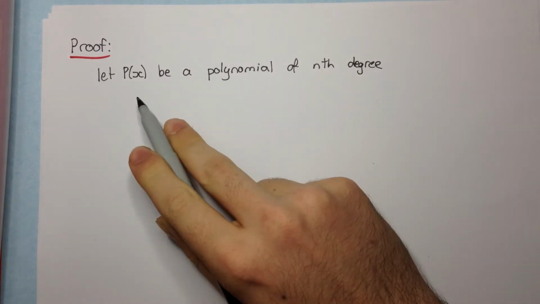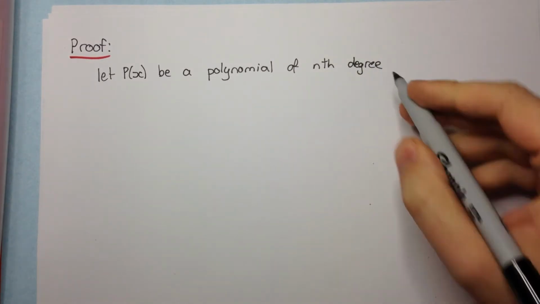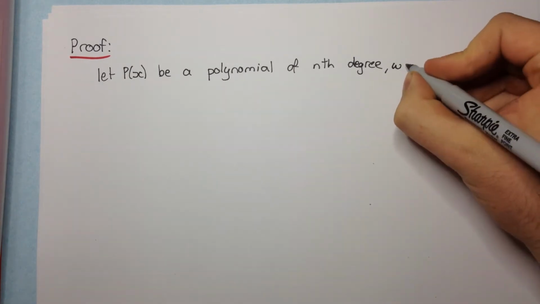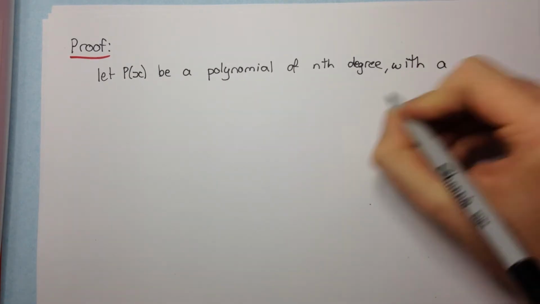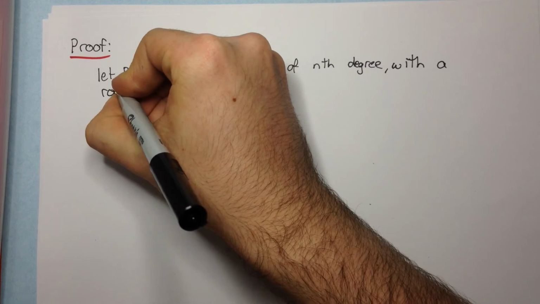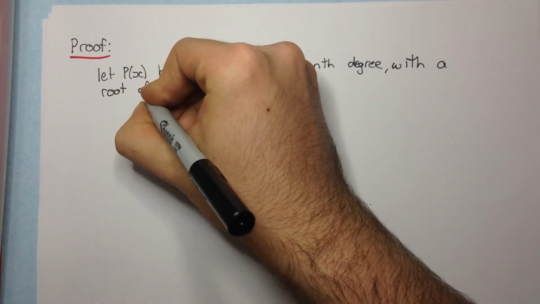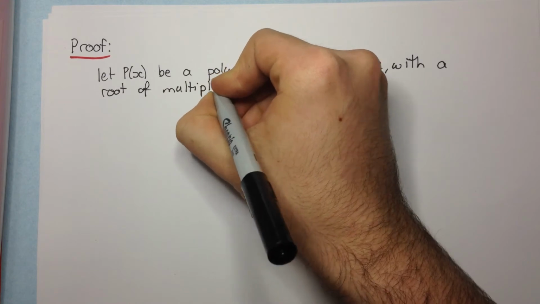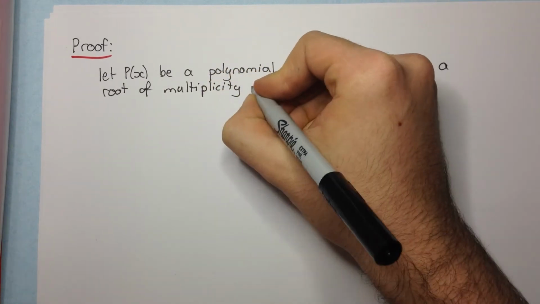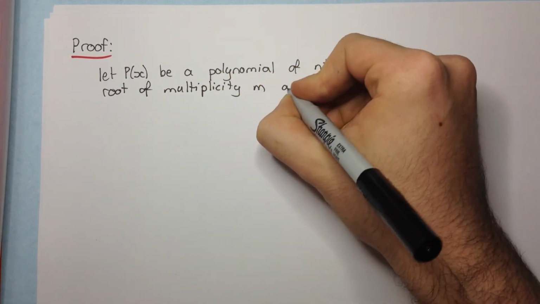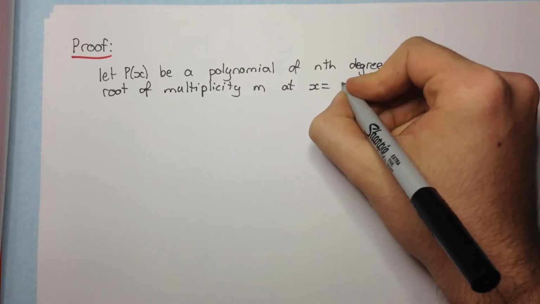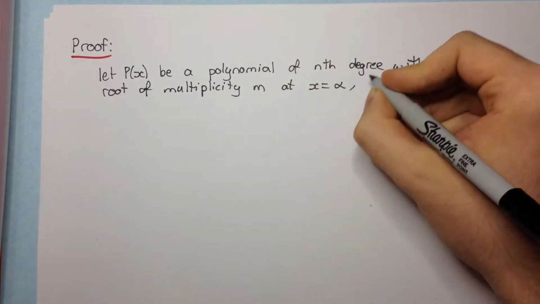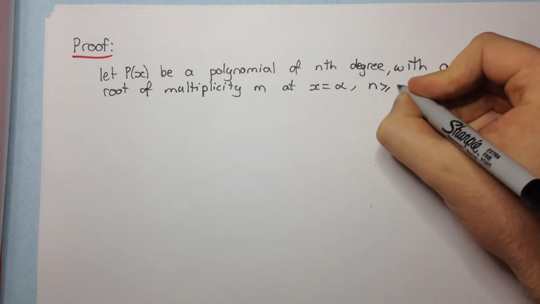That means the highest power of x is n, with a root of multiplicity m at x equals alpha, where n is greater than or equal to m.